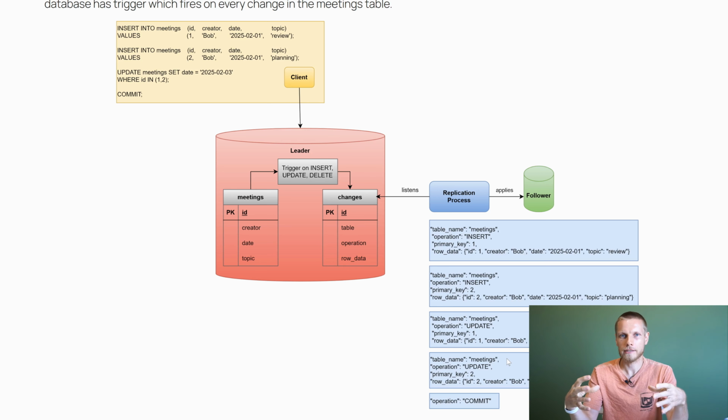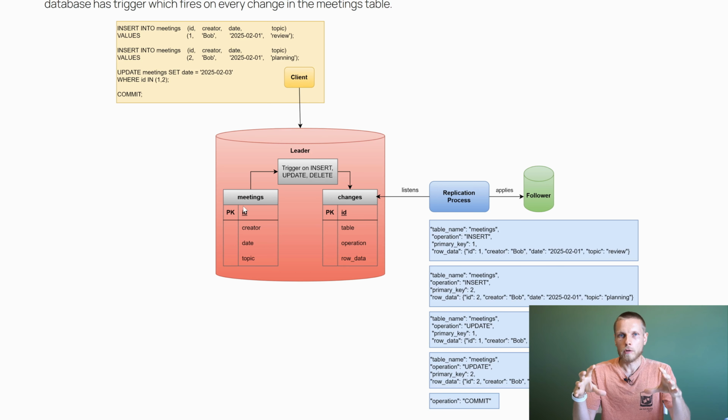This method has some properties which other replication methods usually don't have, and the main benefit is flexibility. Because with triggers, we could replicate not the whole database state, but, for example, if we are interested only in some specific table, we could set up a trigger only for this table and replicate data only for this table.